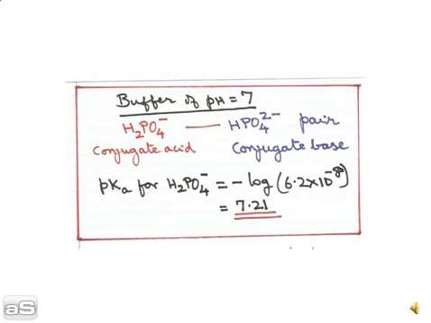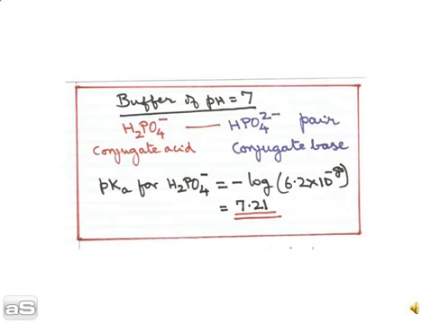Now let us take the example of a buffer of pH 7. We choose H2PO4 minus and HPO4 2 minus pair for preparing this buffer. H2PO4 minus is the conjugate acid and HPO4 2 minus is the conjugate base.